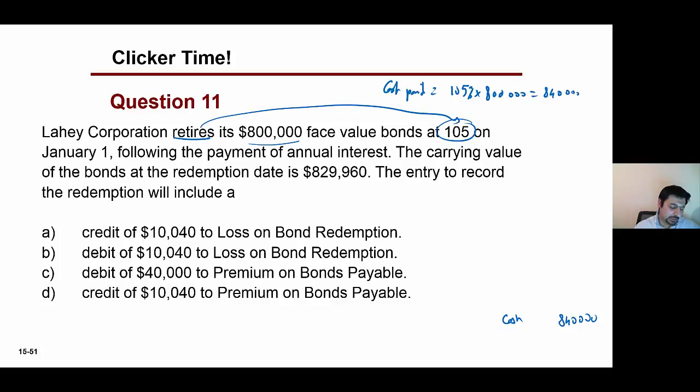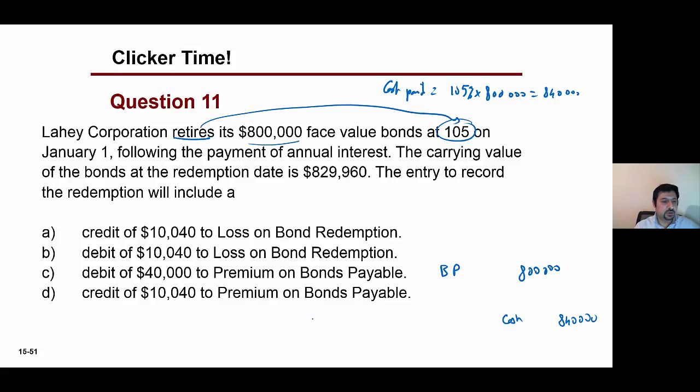So the company is paying 840,000. The company will also debit bonds payable face value 800,000. The company will also need to eliminate any unamortized discount or premium.